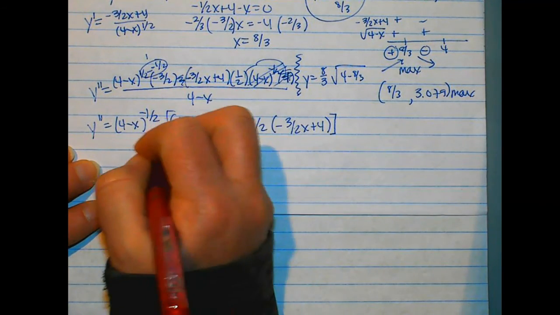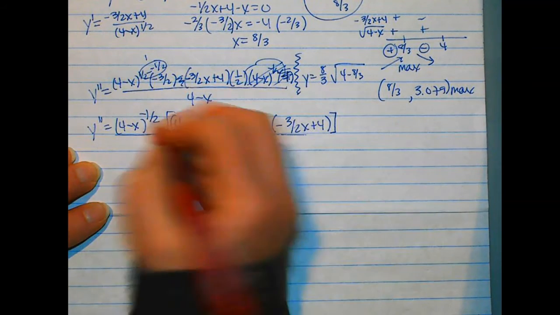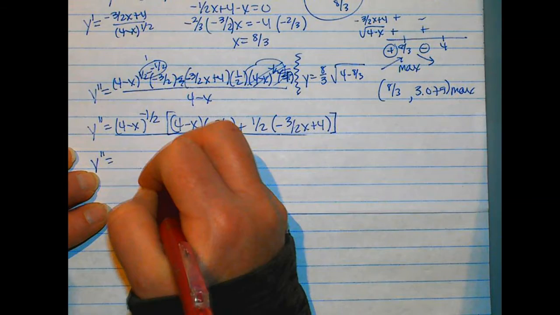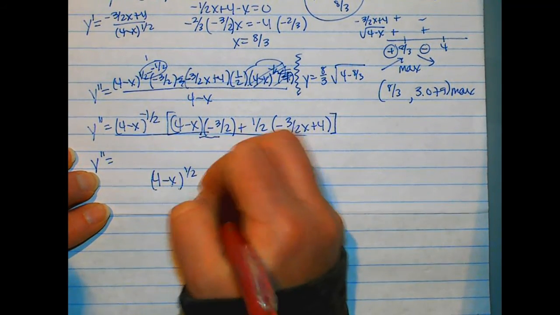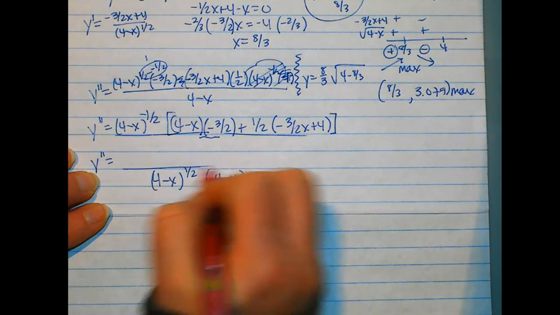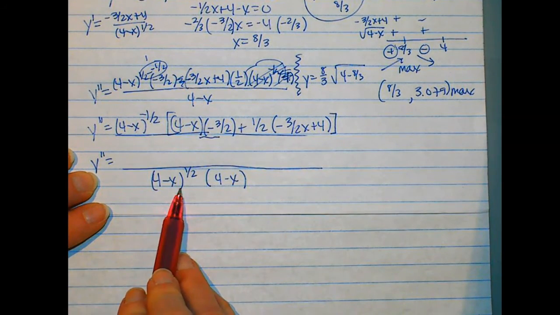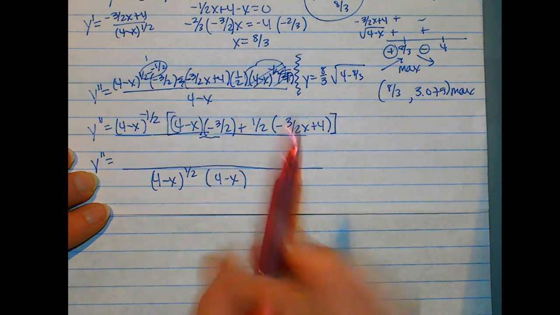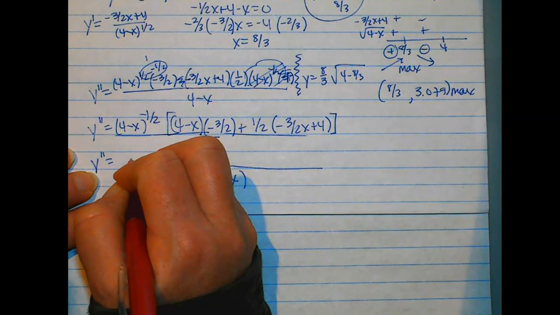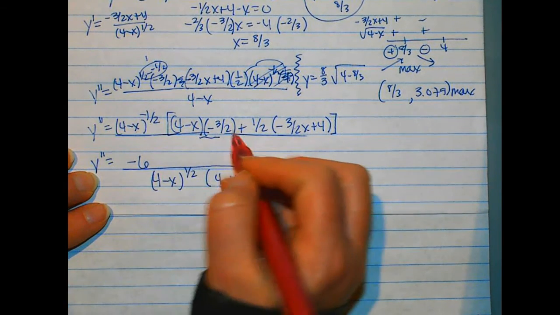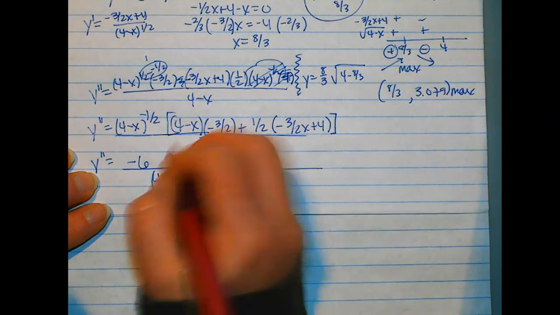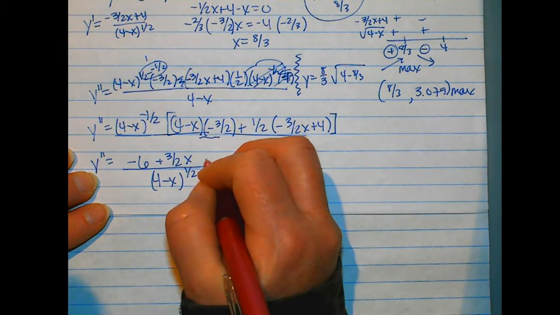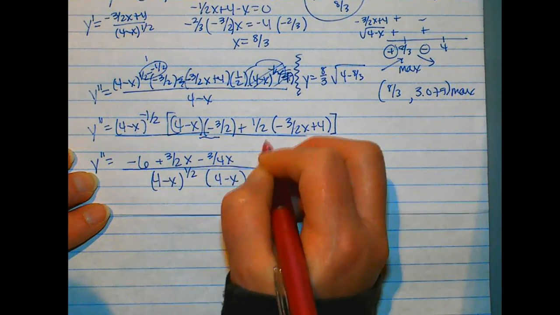So it has a fraction there. Okay, so y double prime, I'll put this down here now, 4 minus x to the 1/2 times 4 minus x. So I just moved this to the bottom, and I kept the 4 minus x that I had for the other one. If we distribute here, then I have negative 6, because negative 12 over 2, and then positive 3/2 x, and then negative 3/4 x plus 2.